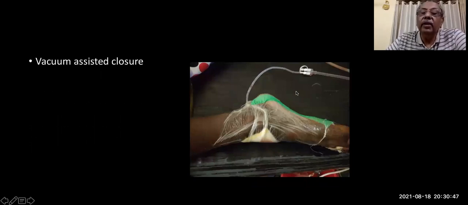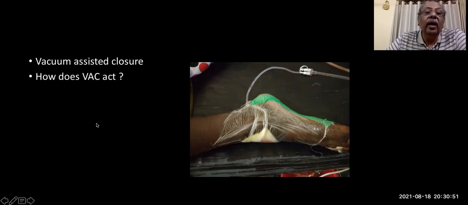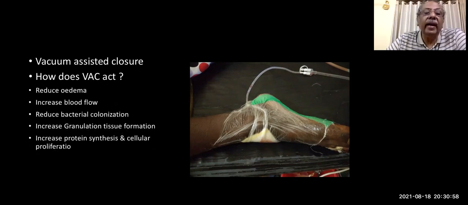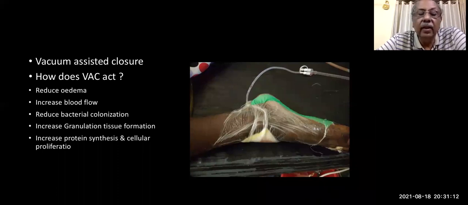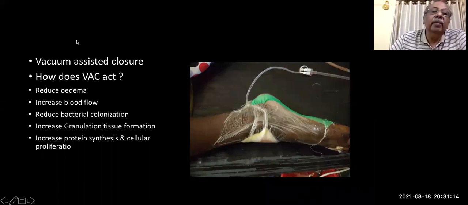You may see one of these modified vacuum assisted closure devices in your ward. So the examiner may ask you, or in the OSCE it may be asked, how does the VAC act? These are the mechanisms: it reduces edema, it increases blood flow, it reduces bacterial colonization, it increases granulation tissue formation, and increases protein synthesis and cellular proliferation. So these are the main advantages of the VAC technique.